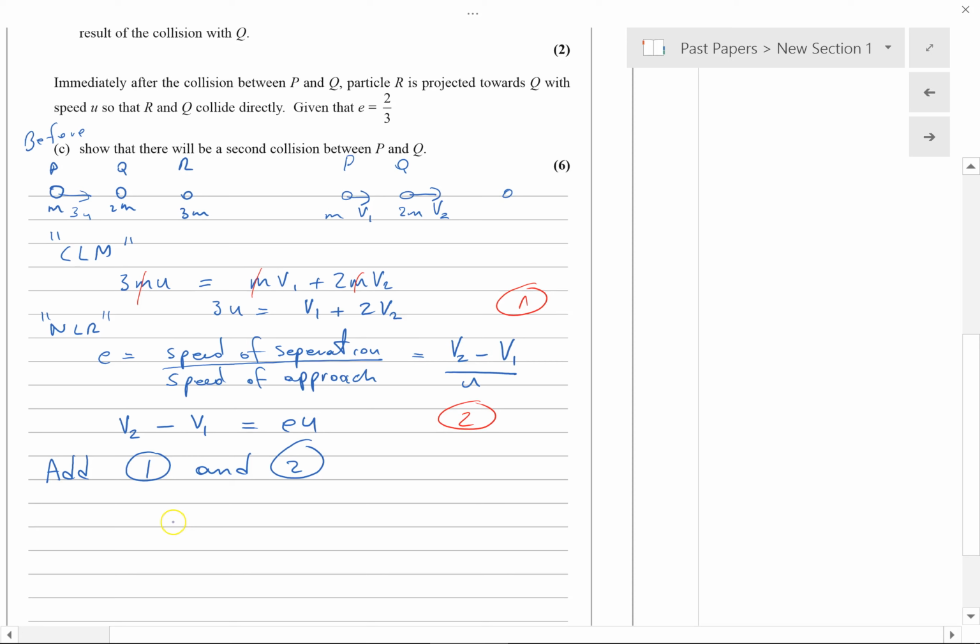The V1's are going to cancel there, and we'll end up with 2v2 plus v2, so that's 3v2, is equal to EU plus 3u. So v2 is equal to u over 3, and then it will be E plus 3, which will be our velocity of one of them.